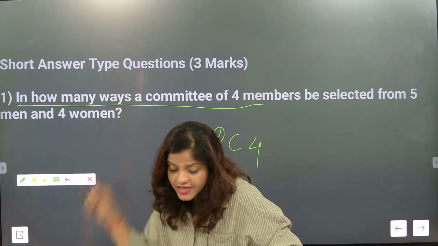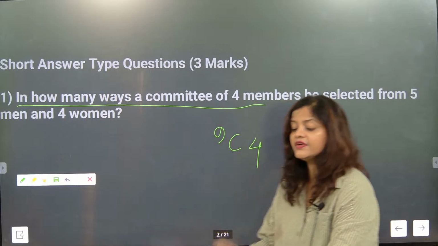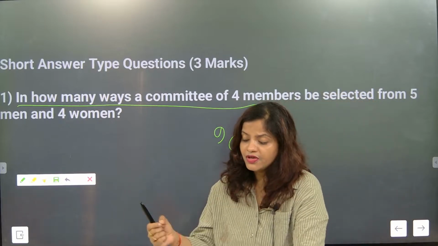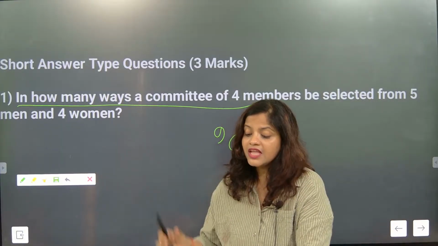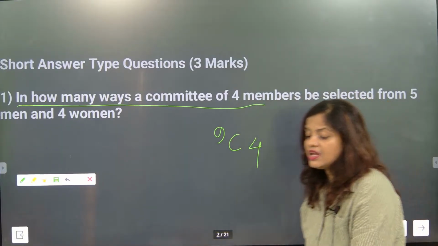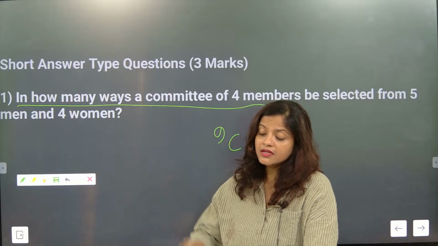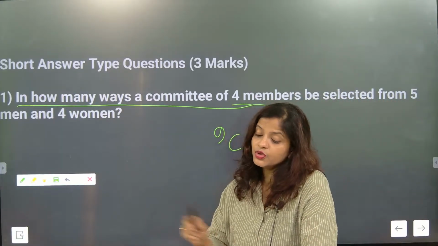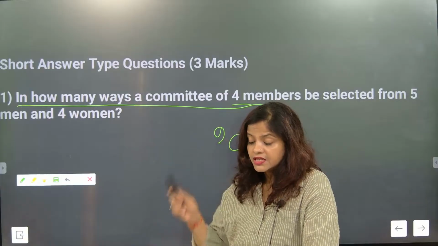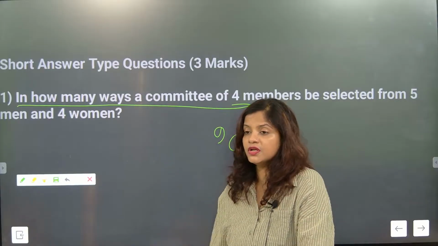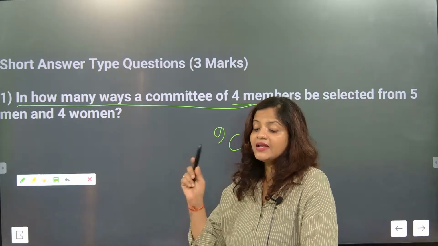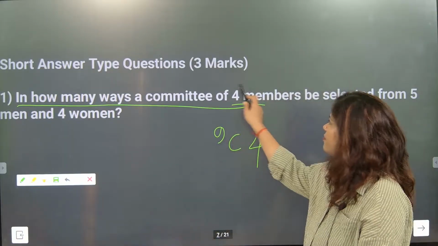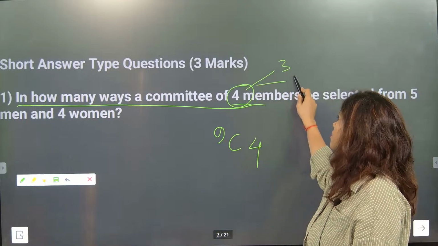But beta, in the same question, if they had said that out of four members, three should be male and one should be female, that time it would become a permutation question, because it is a selection and also an arrangement. Understood?